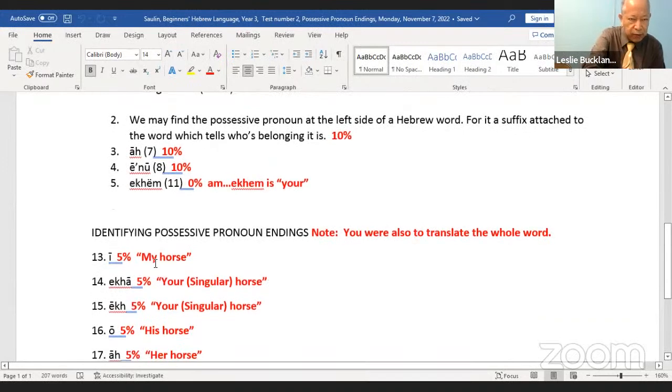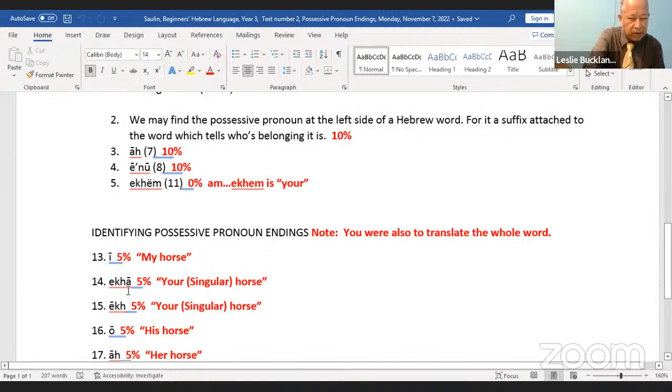So you identified the first person singular ending, which is common to both masculine and feminine genders, e, the long hirik, and you are supposed to go ahead and translate Susi, which is my horse.